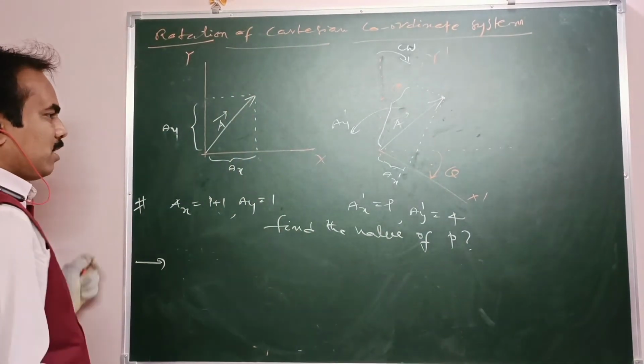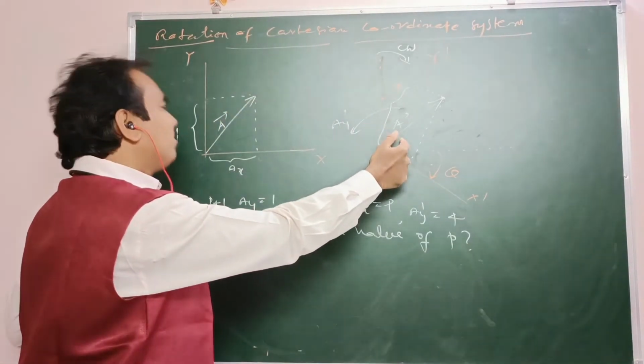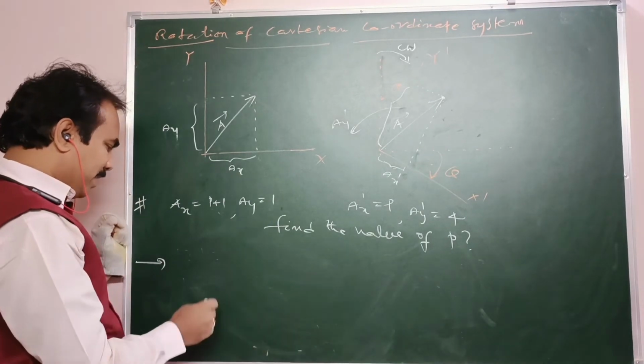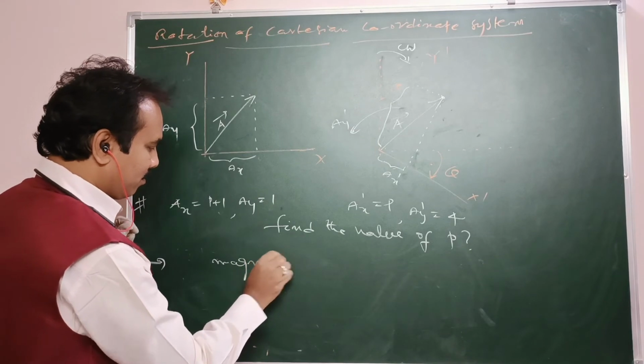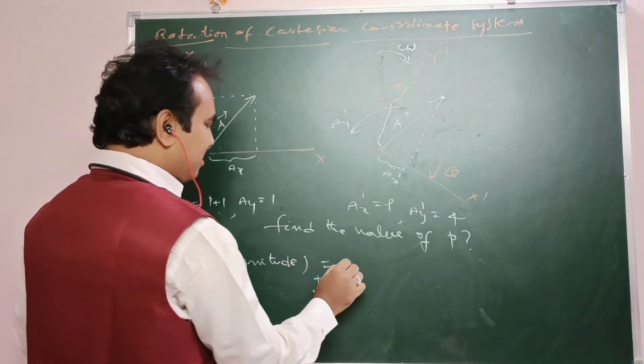How to solve means, now I said, before the rotation of system and after the rotation of system, the given vector has the same magnitude in both cases. So simply take magnitude in the first system equal to magnitude of vector in the second system.